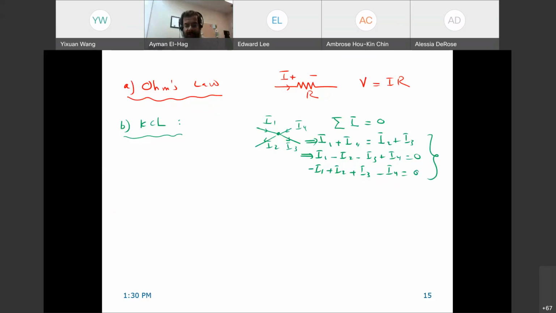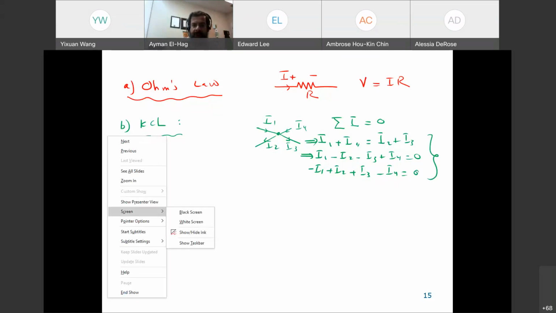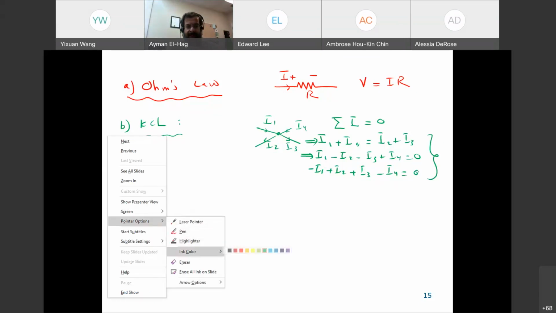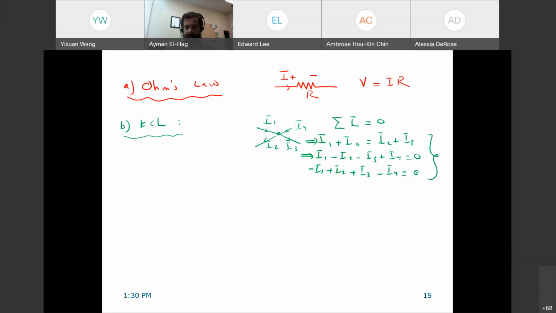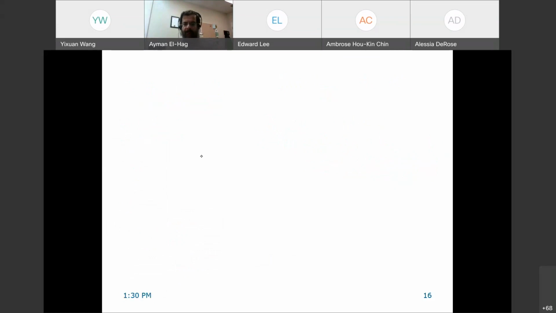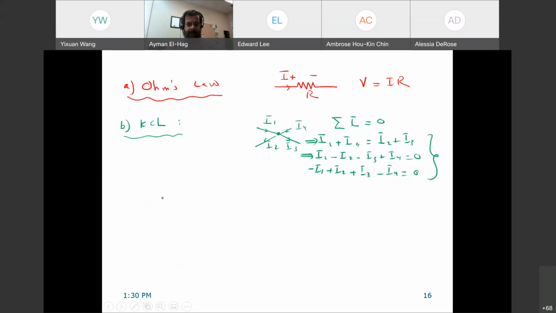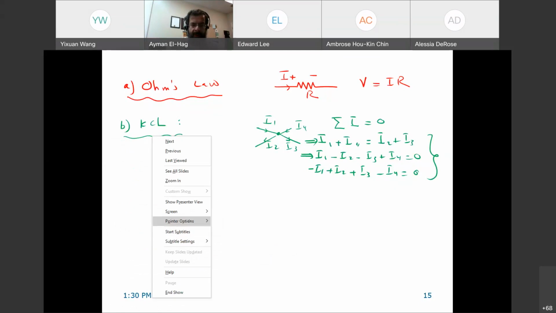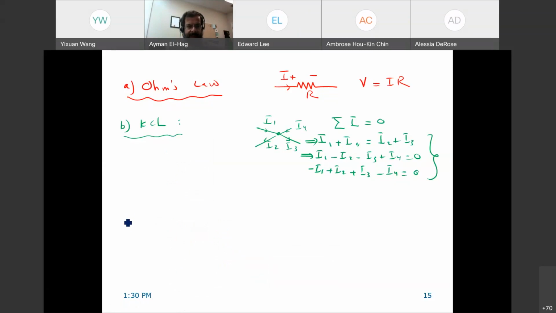Now the third law that we need to understand to solve circuit, which is the Kirchhoff voltage law. Sorry. So Kirchhoff voltage law, KVL.